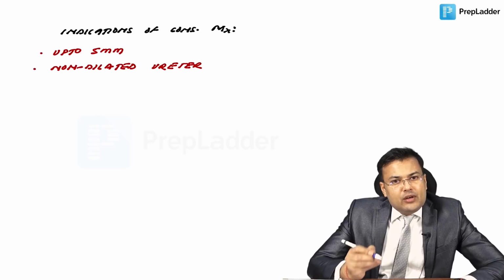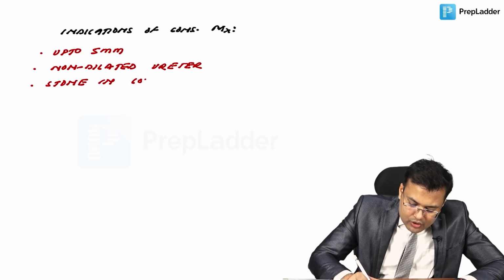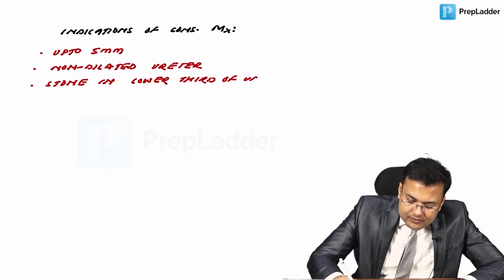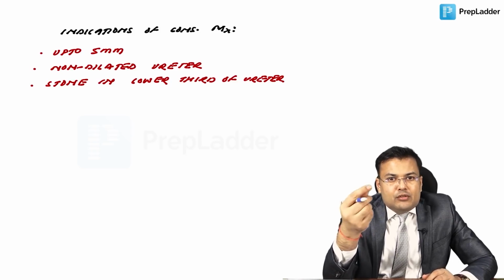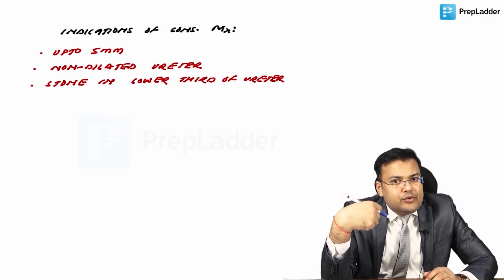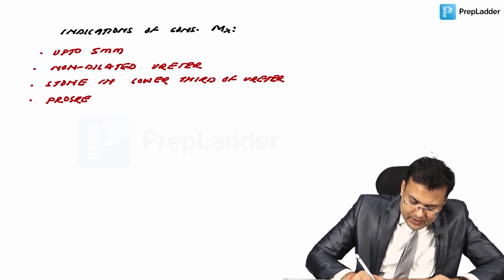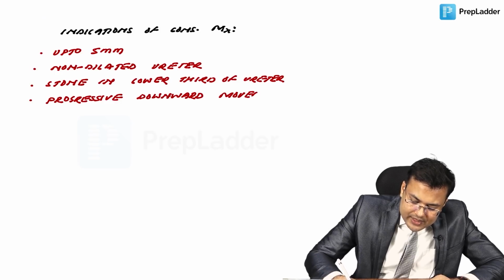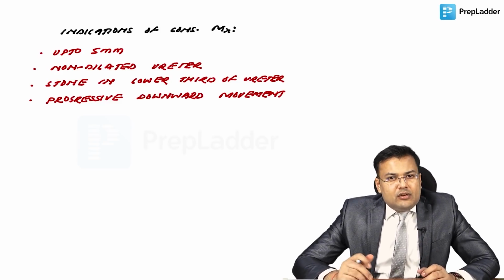If the stone is located in the lower third of the ureter, and there is progressive downward movement on repeated scan, means slowly the stone is moving downwards in the ureter. Clear?